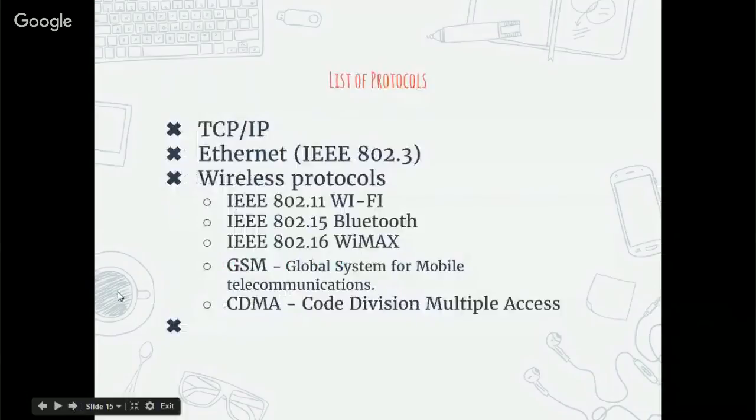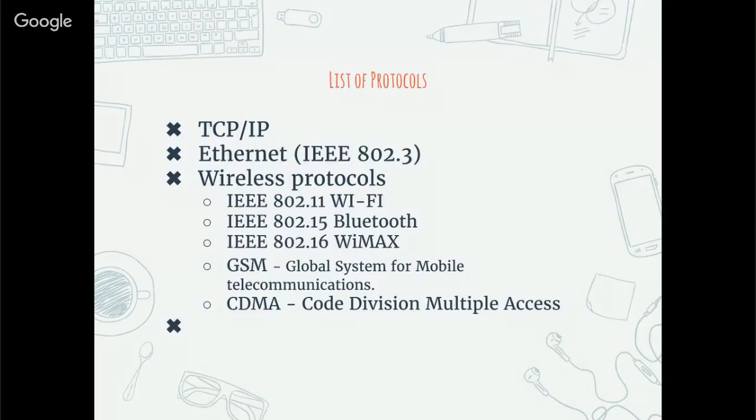Here's a list of some of the protocols being used in telecommunication. There are TCP/IP, Ethernet. You have heard of Ethernet. You were asking me what Ethernet is, and then there are several wireless protocols that I have placed up there. You don't have to know these nitty-gritties. They sound complicated.